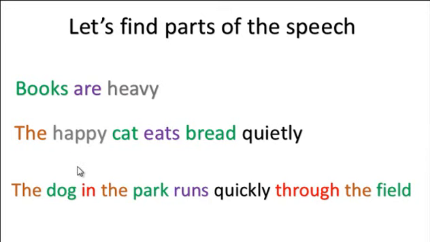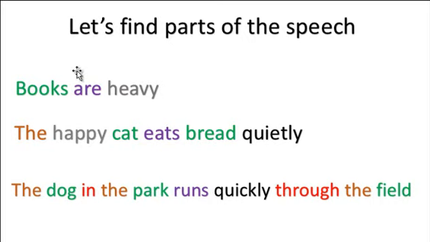And here you have the determinate, the. You also have another color for prepositions. In is a preposition, through is a preposition, and adverbs: quietly and quickly are adverbs.